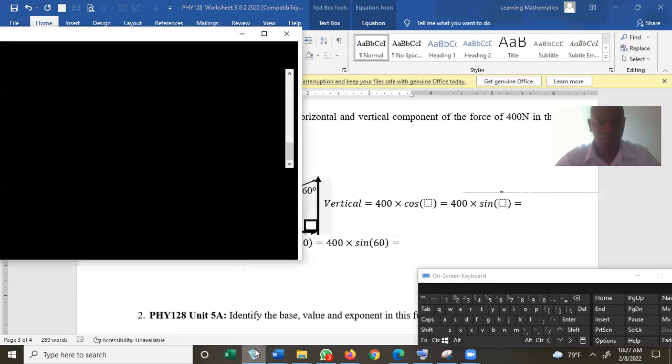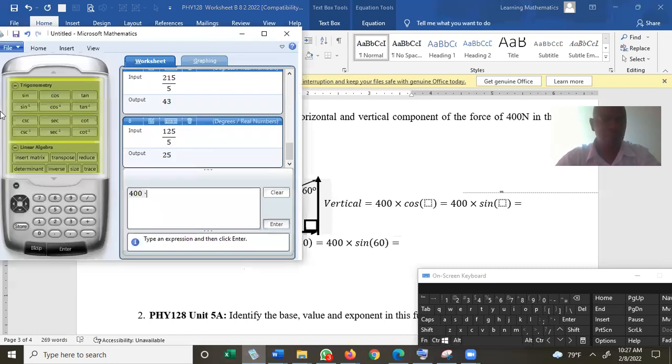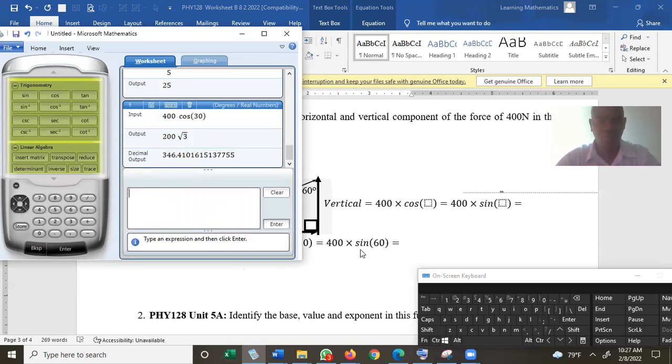So let's put this in our calculator. 400 times cosine of 30 degrees, 346.41, and 400 times sine of 60 degrees is the same, 346.41.